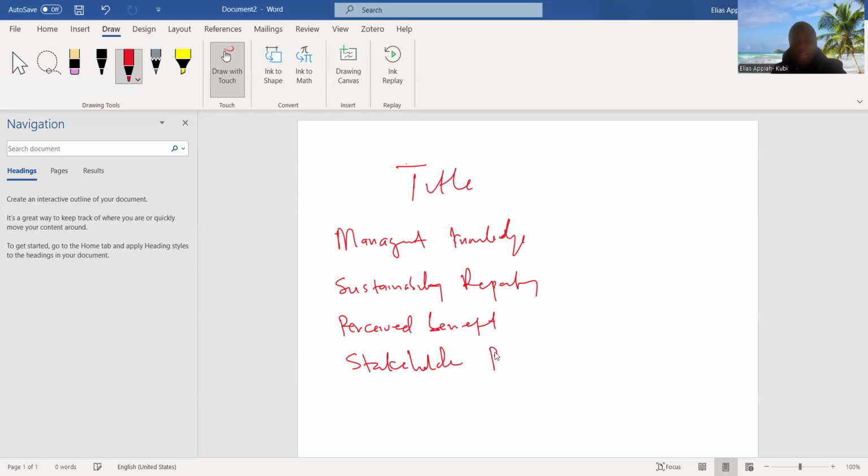So what I did was that I tried to include all these four variables in the title. The study was conducted to include SMEs, or small and medium enterprises. So that was the context. So the topic was management knowledge and SMEs sustainability reporting: the role of perceived benefit and stakeholder pressure.